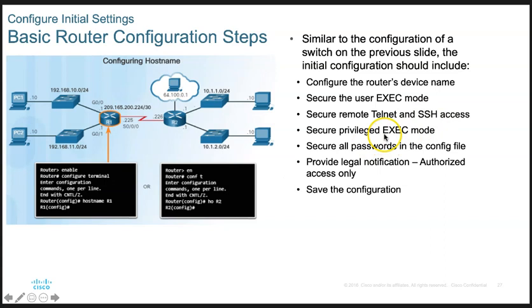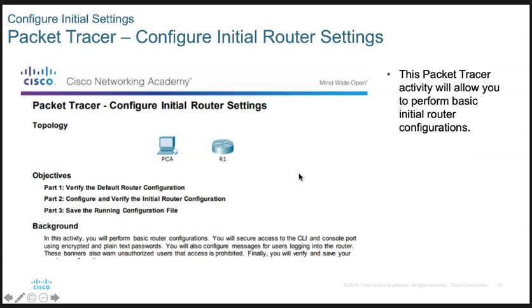Secure the privileged admin mode, so anybody trying to configure the router will be asked for a password. Provide a legal notification, or what we call MOTD, message of the day. So we're going to do this together as a lab today. This is another lab. This is a lab I'm going to assign you for assignments.